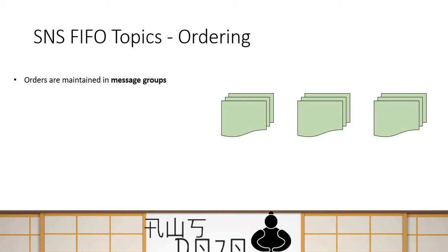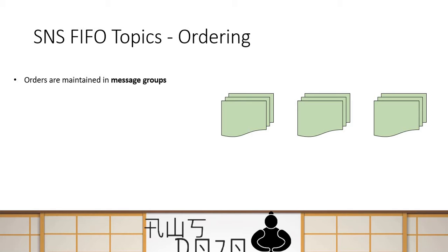So you might want to maintain two message groups, one for customer 1, the other for customer 2. That's why you can maintain multiple message groups inside a FIFO topic, and within one message group your messages are ordered. In the simplest scenario, you will have at least one message group where all the messages come to this one group only, and they are processed in an ordered fashion.